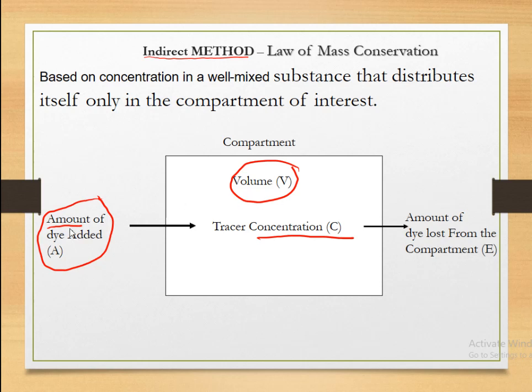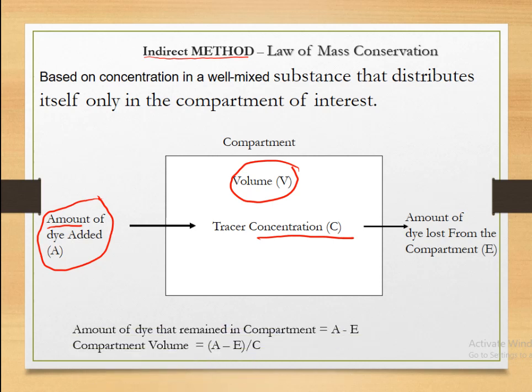So we have the added amount of dye and also the amount of dye which has been lost. So what can we use this for? In order for us to measure the volume of this compartment, our major interest is the volume of the compartment.